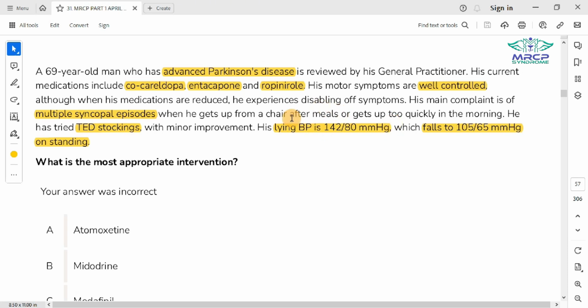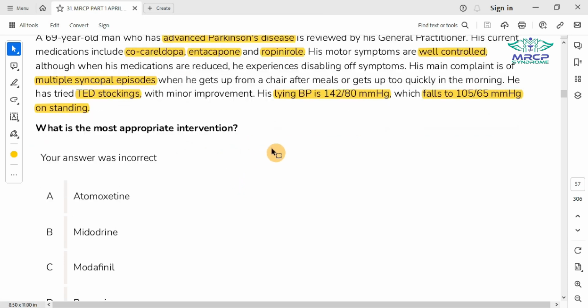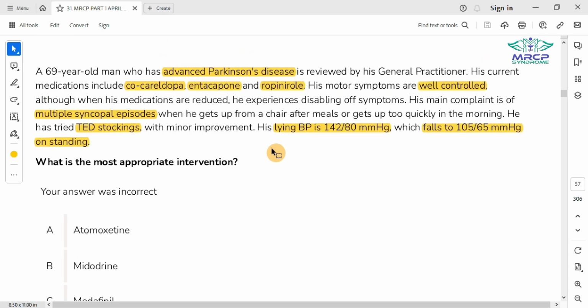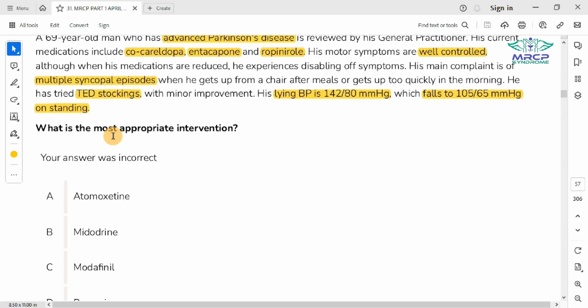So how to treat a case of postural hypotension in a patient with MSA? Step 1 would be the non-pharmacological measures like the TED stockings, but there is unresponsiveness to the non-pharmacological therapy. So the next step would be the pharmacological therapy.